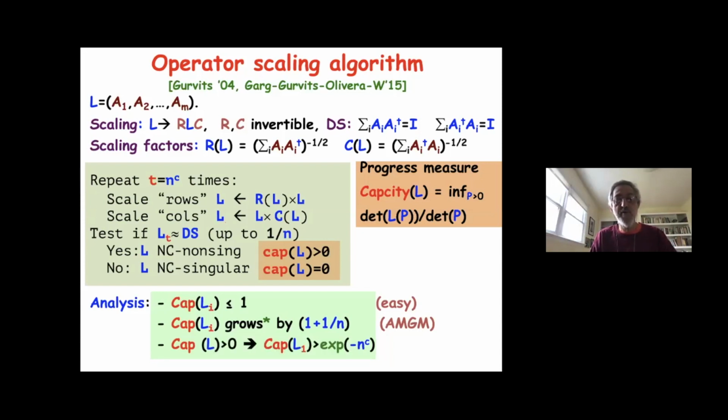So you want to prove that if it was positive, then it's non-trivially positive, like before. It was n factorial before. Any bound like 1 over exponential in n or n to the c will do. And this was a hard thing, and he couldn't do this, so he couldn't analyze the running time of this algorithm and left it open.